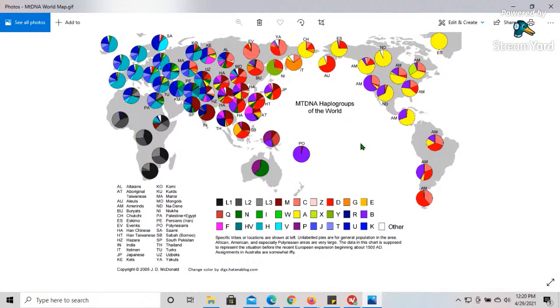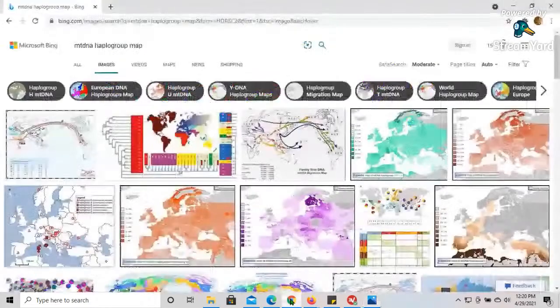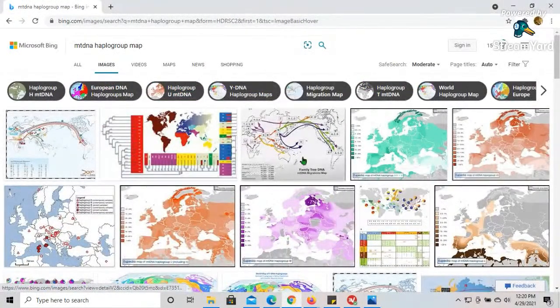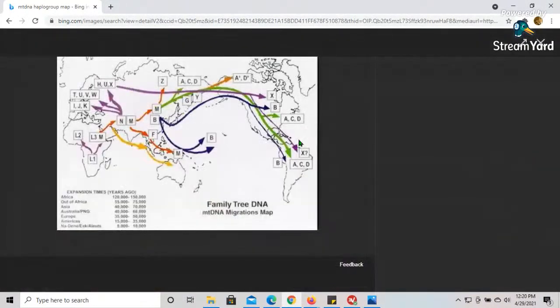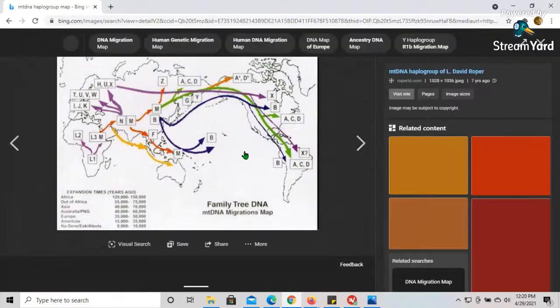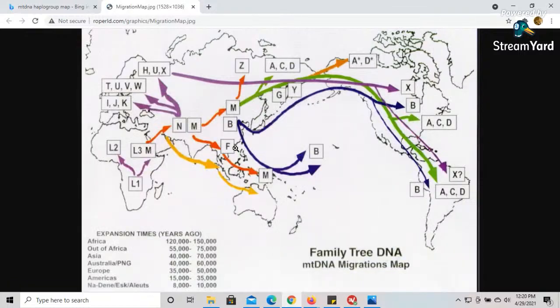Well, before we do that, let's go to this map here. This looks like an interesting map, just to get an idea of exactly what we're looking at here.